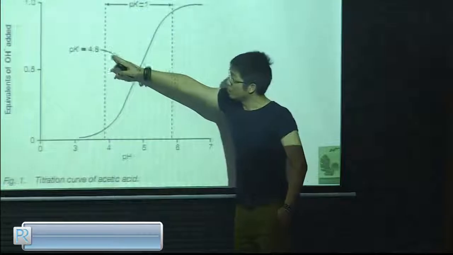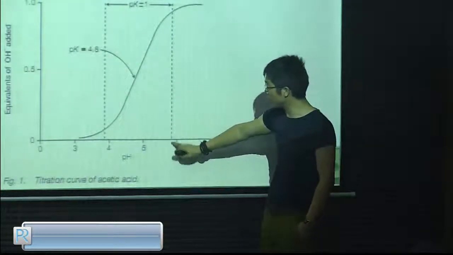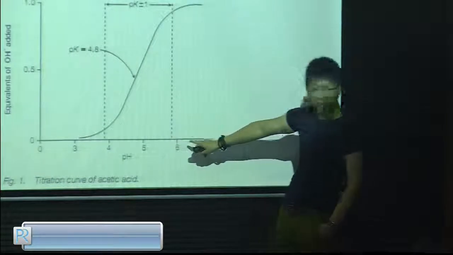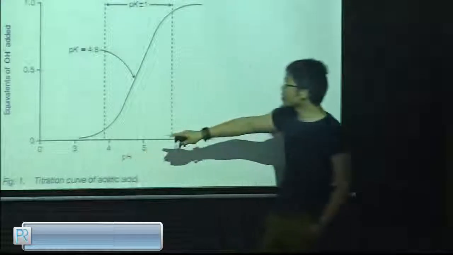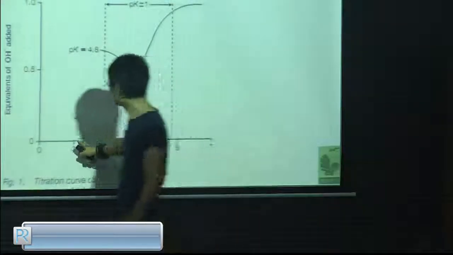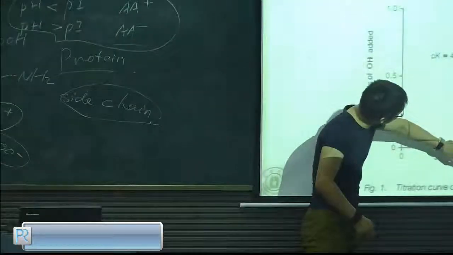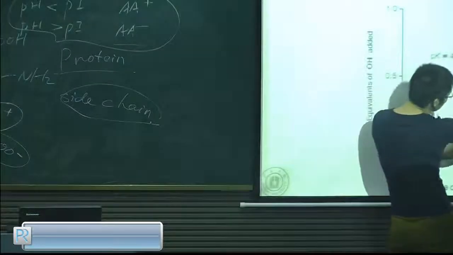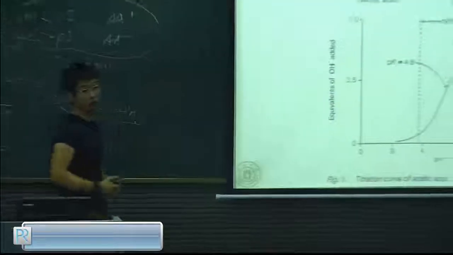Increase means more than 4.8, maybe 5.8. Decrease means less than 4.8, maybe 3.8. So here is the pI value, and here is the resistance range.